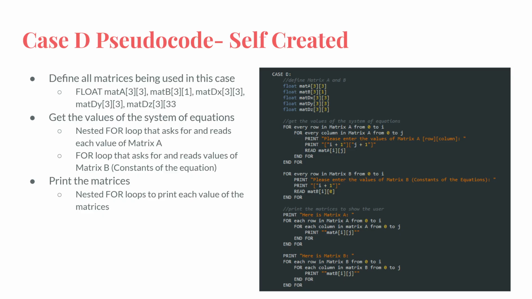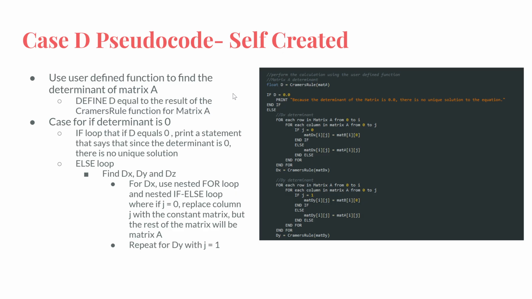I then had the program print the matrix A using another nested for loop and did the same for matrix B. I then went on to perform the calculation using my user-defined function.